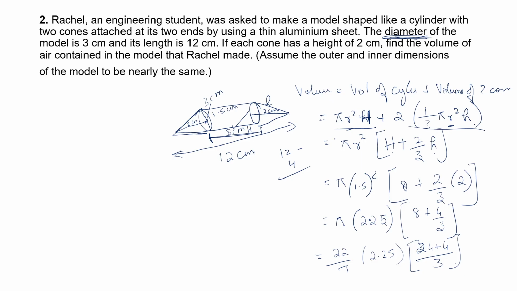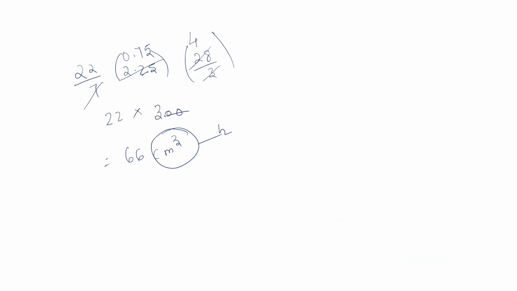It will become hectic, tedious, and you may make more mistakes. So whenever you can take common outside, you always take common outside, and also try to cancel as much as you can. Then finally you do the calculation. It will be easy, and you can complete on time also.